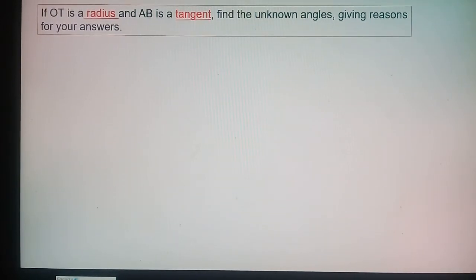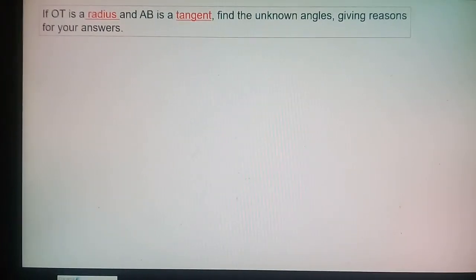They say OT is a radius, so in Dr. Cape Town we have R. What does R stand for? Radius. Immediately remind yourself of the theorem on radius. If the radius is perpendicular to the tangent, we know that we have a 90 degree angle. Before you solve the problem, we know that.